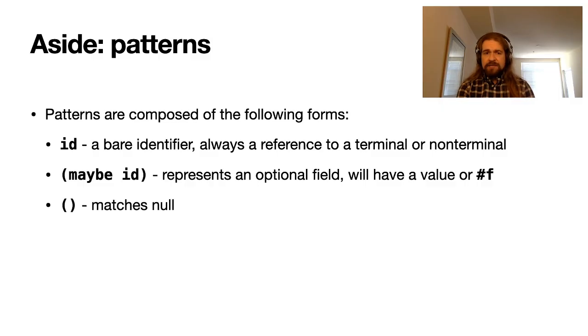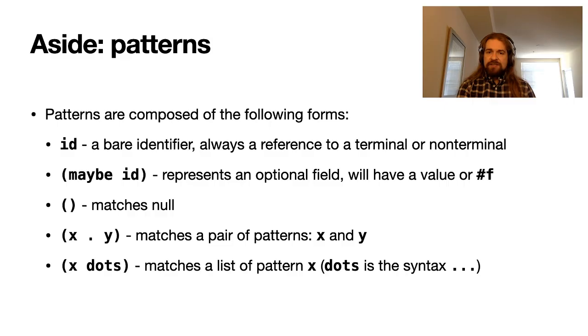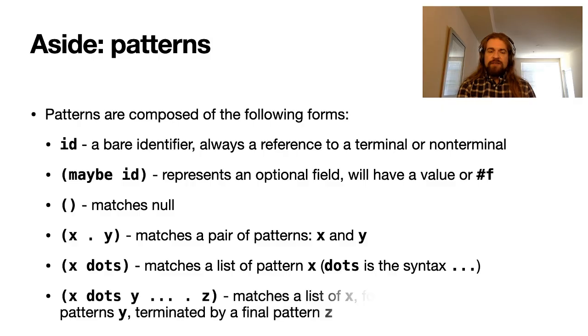We can match null. We can match pair of patterns X and Y. We can match a list of the pattern X, so we would look for 0 or more instances of things that would match that pattern. And then we also have this separate thing for matching where we have a list of the pattern X followed by 0 or more additional patterns followed by some sort of dotted improper list pattern.